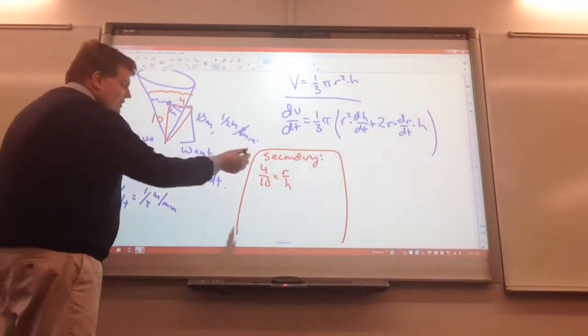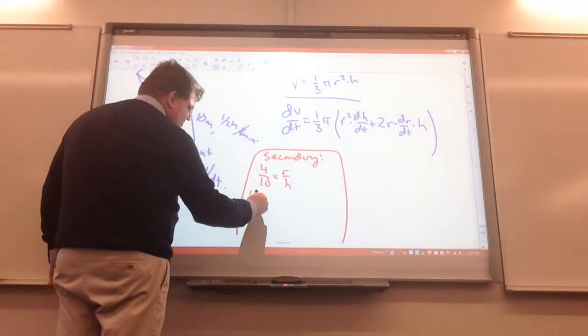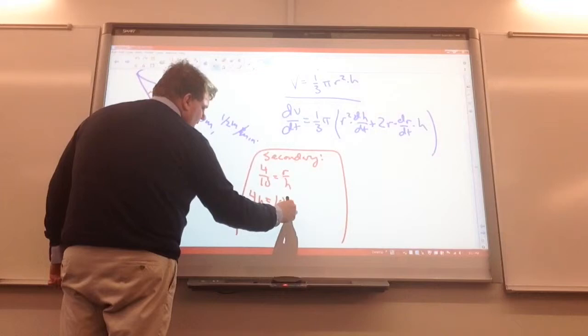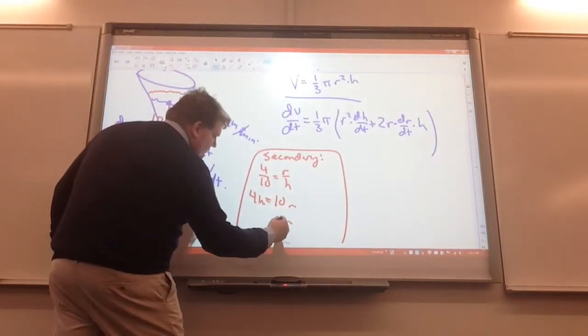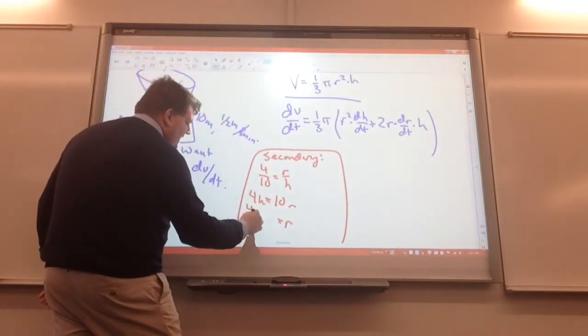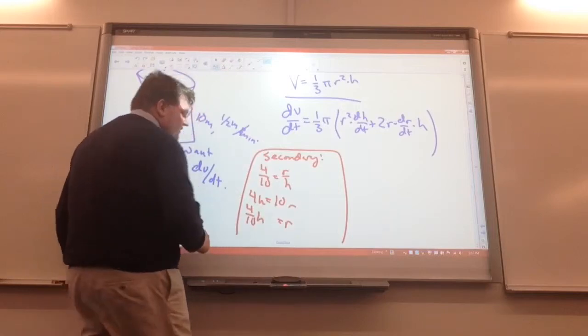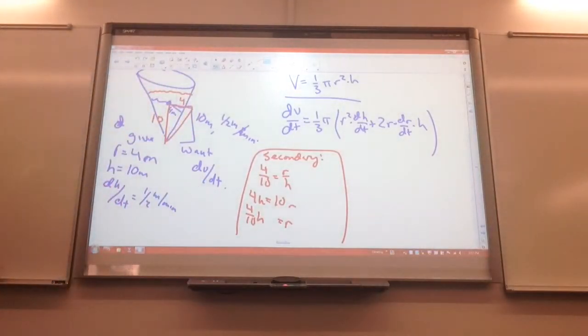Certainly. I cross multiply here to get 4h is equal to 10r. So then what's r going to be equal to? 4/10 of whatever h is. So that gets rid of r, doesn't it? That means I can replace the r in the original equation with 4/10 of h.